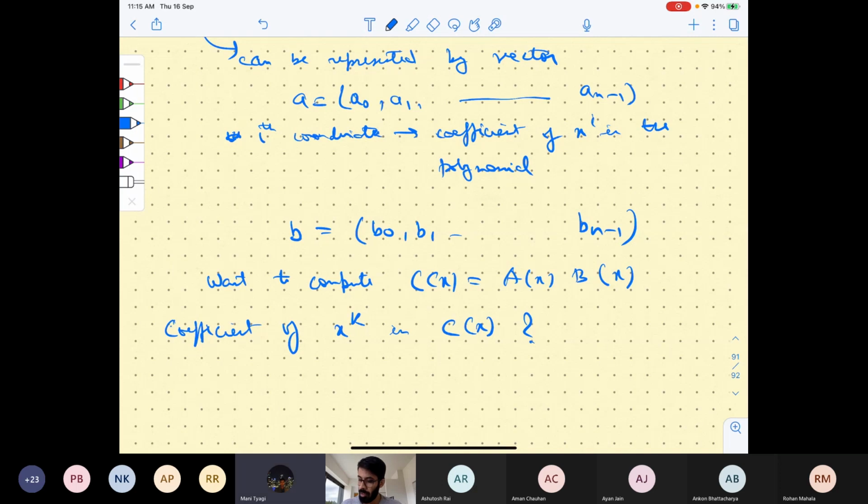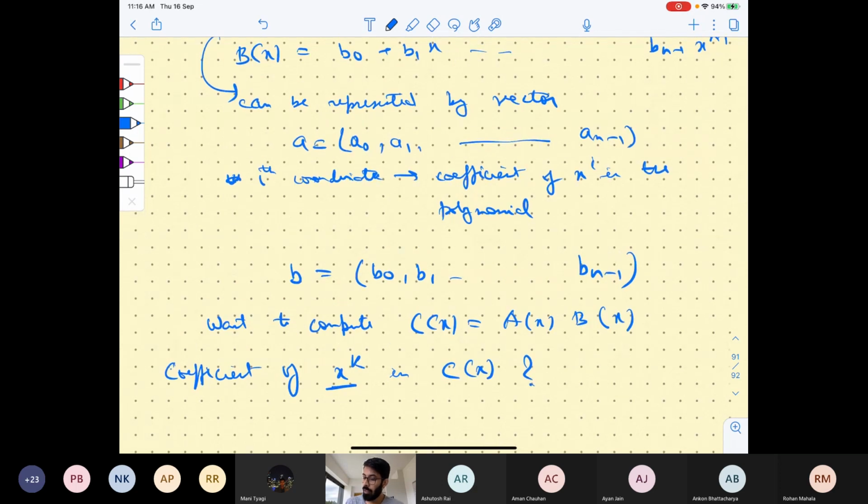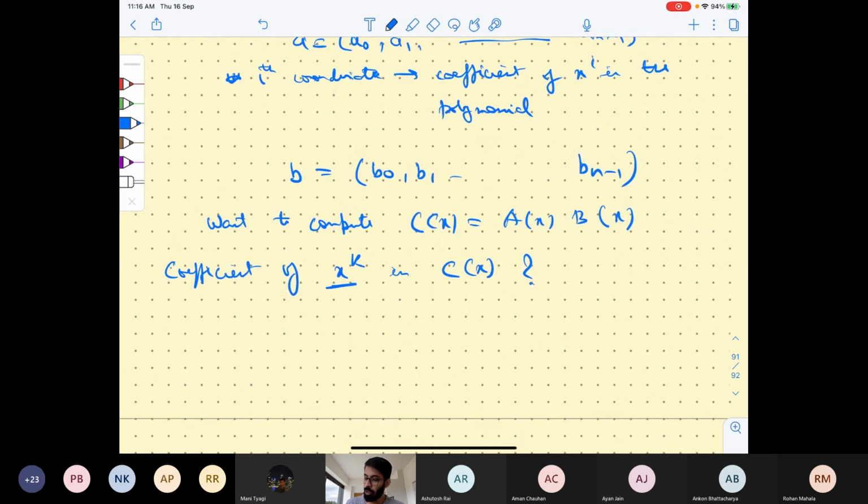Yes, the kth element in the convolution. But what is the coefficient of x to the k? The coefficient of x to the k is going to be the summation over the different ways you can combine the coefficients of a and b to get x to the k, right? So that will turn out to be ck equal to summation over i, j such that i plus j is equal to k of ai bj, right?